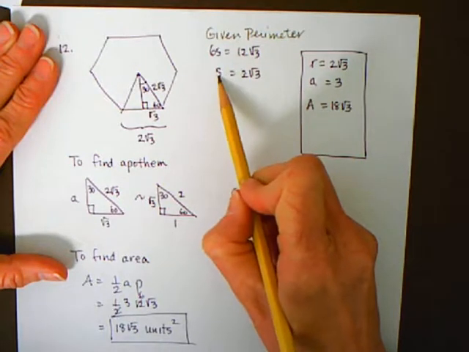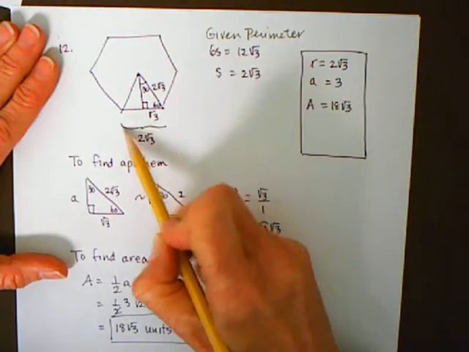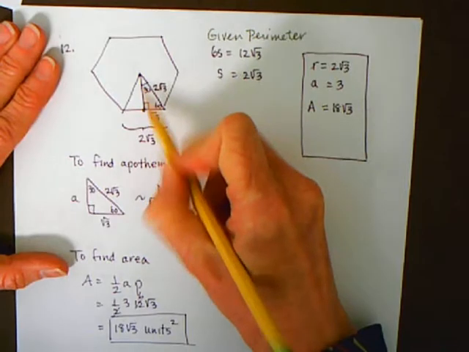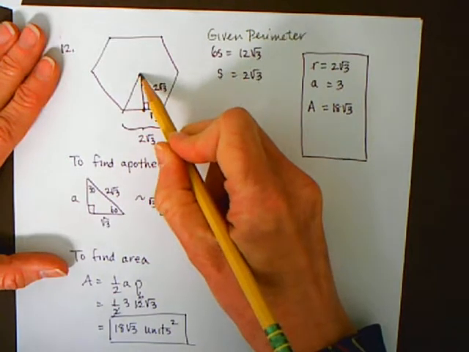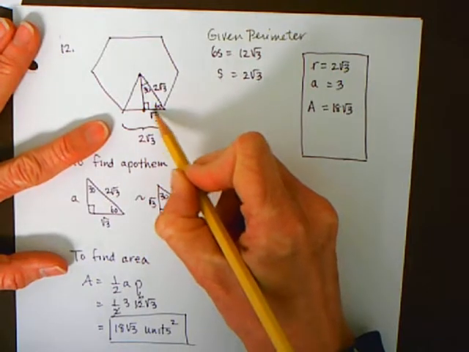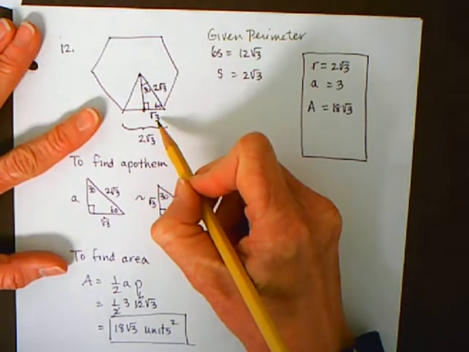Dividing both sides by 6, I get that s is equal to 2 radical 3. So this side length is 2 radical 3. Remember from previous discussions that the apothem goes from the center to the midpoint of the opposite side. If this entire length is 2 radical 3, then this piece right here is half of that. Half of 2 radical 3 is just 1 radical 3.